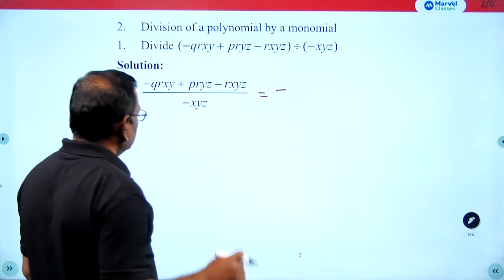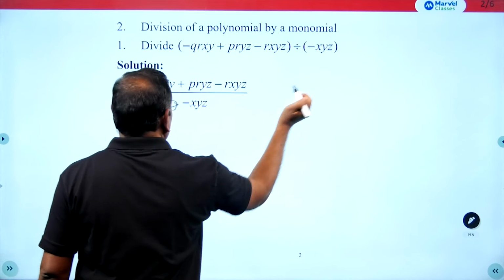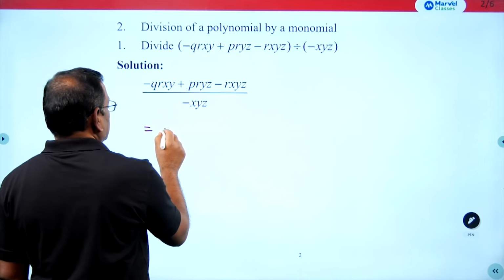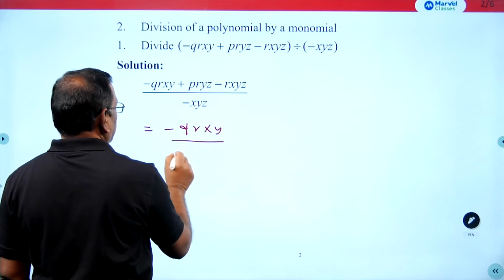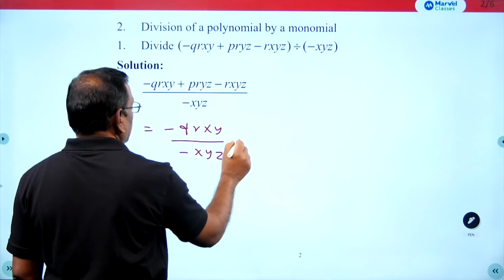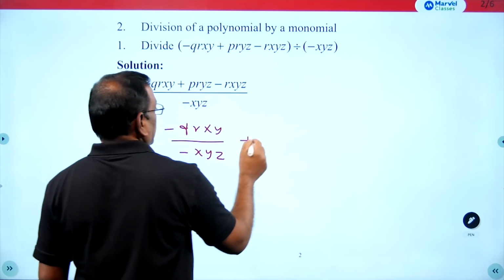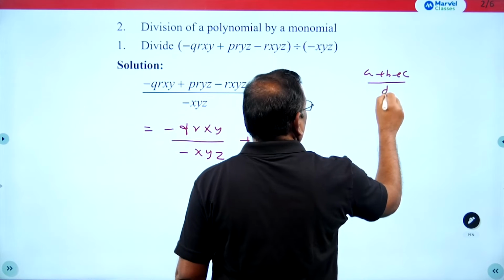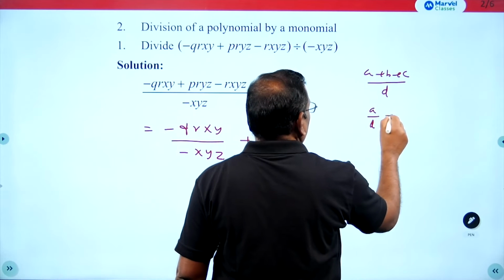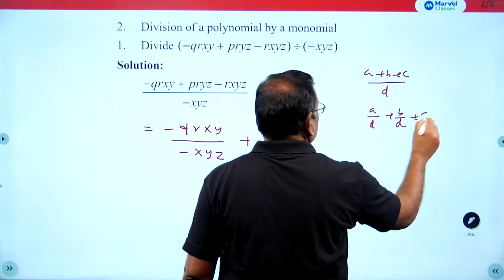If you are not comfortable with common factors, one more method is there, a simple method: split into three terms. What is the first term? Minus qxy by minus xyz, plus the second term by the denominator. So how to write this expression? a plus b plus c by d equals a by d plus b by d plus c by d.